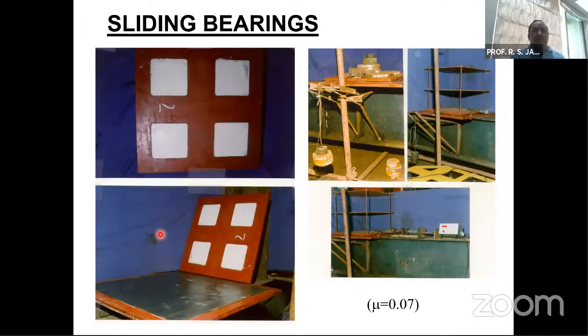Another type of bearings which we tested initially, almost maybe 10 to 12 years back, is just a simple sliding bearing, and one can see here these are the four PTFE squares, or four PTFE portions, and then there's a steel plate at the bottom, and this isolation system is made through sliding of this PTFE on the steel plates.